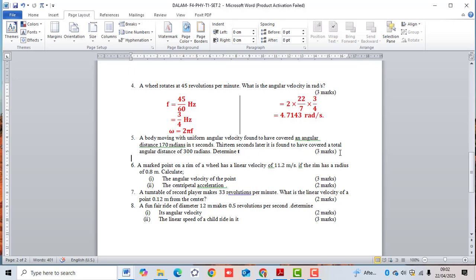Are we through? Yes. Good. What are you getting? 17.